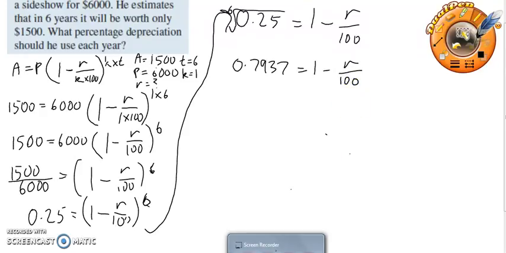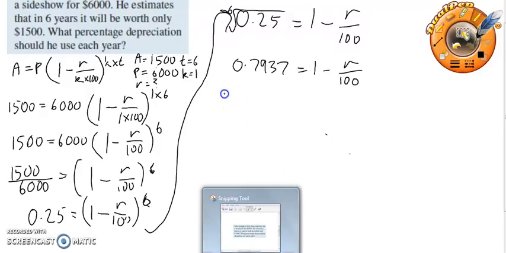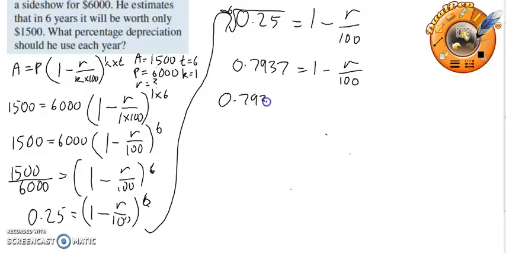Now you're going to notice something very interesting is going to happen shortly, but we'll run with it. So we get rid of the 1. To get rid of the 1, we take it away. Now your calculator is not lying to you here. The answer will be negative.